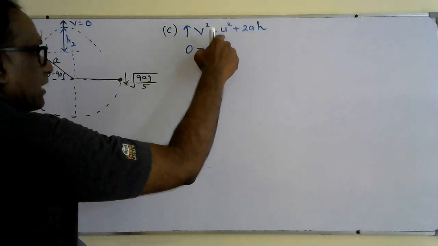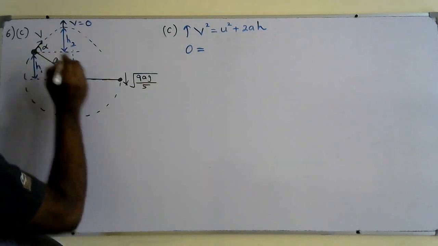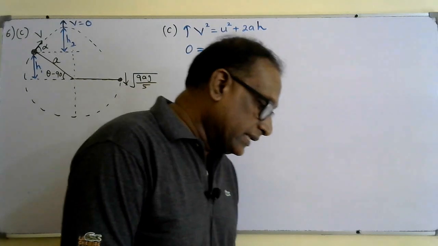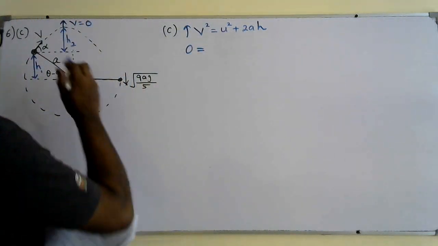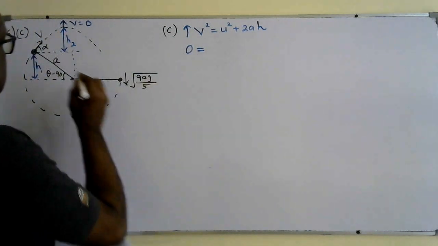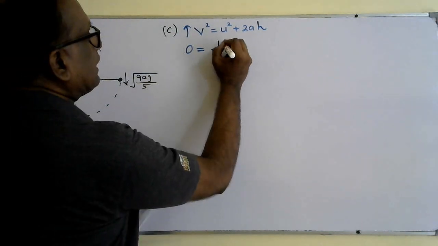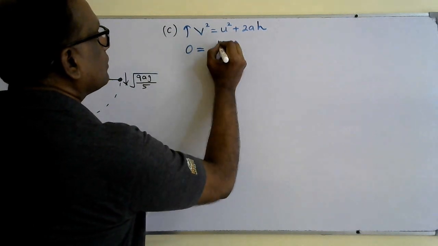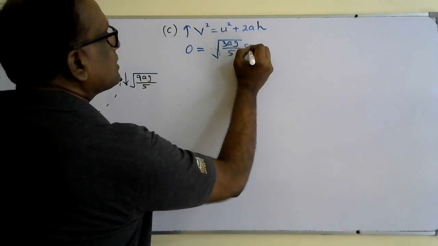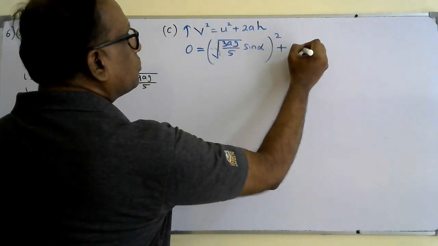The initial vertical component at the point where the projectile motion starts, where the tension becomes 0, we already showed, is the square root of 3ag over 5. So this v is square root of 3ag over 5, sine alpha, all being squared, plus 2gh.